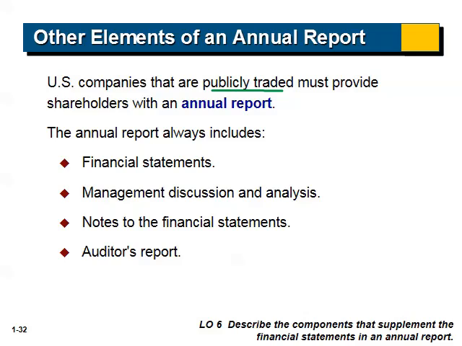So publicly traded companies have to provide an annual report every year, and they have to make it available to the public. And what does the annual report include? Well, those four financial statements we just talked about, what's called the Management Discussion Analysis, or MD&A, and the notes to the financial statements and the auditor's report. We'll talk about each one of those as we go through here.